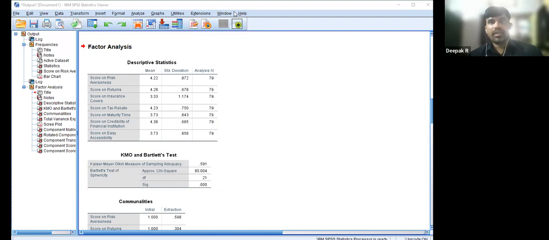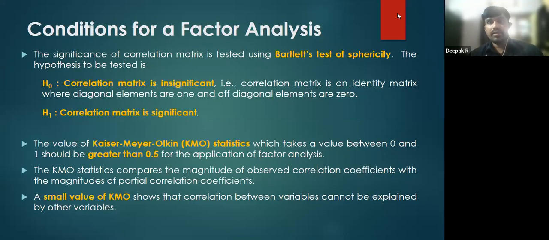This depends upon the literature, but if the value is greater than 0.5, and according to the majority of the literature it is 0.6 or 0.65, then we can consider that this is sufficient for us to go for the factor analysis.